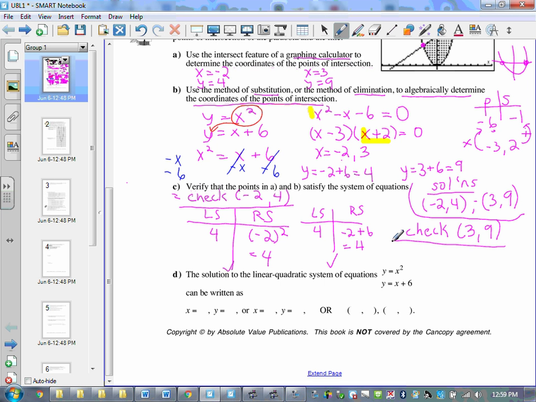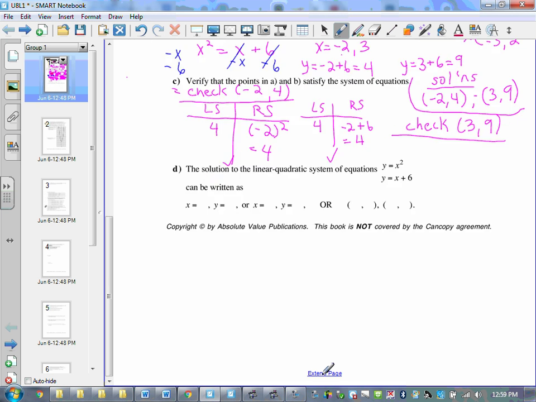Okay, so the solution to our system of equations, y equals x squared, where does this equation equal this equation? We can report it 2 ways. We can say when x is -2, y is 4, or when x is 3, y is 9.